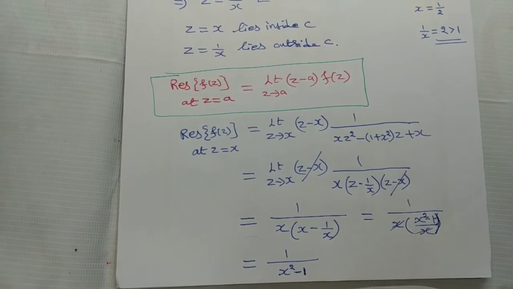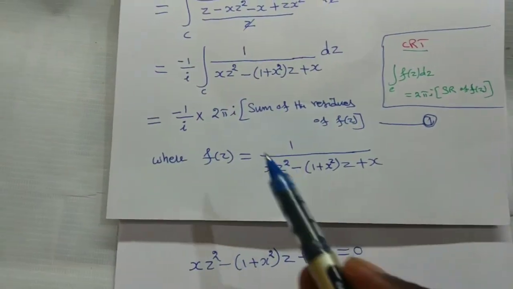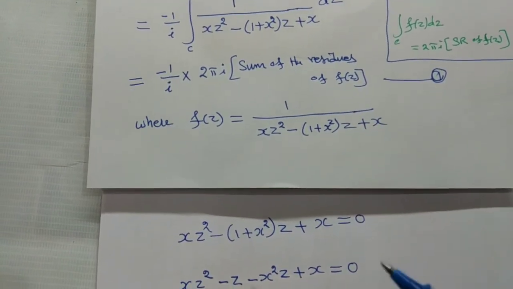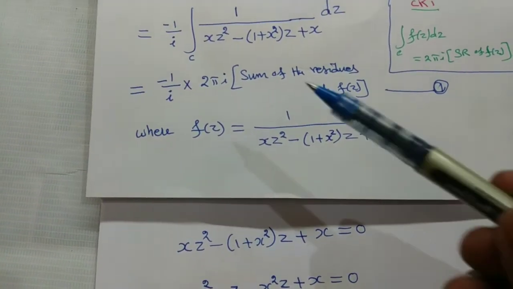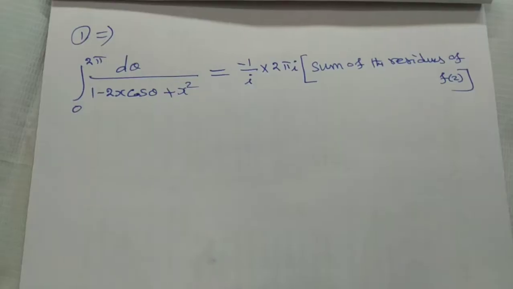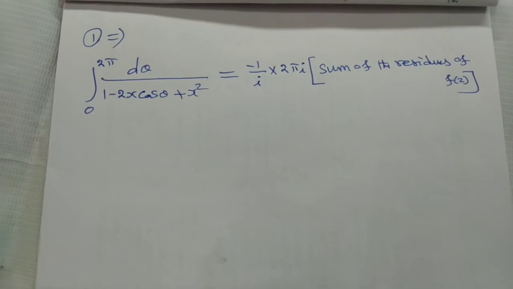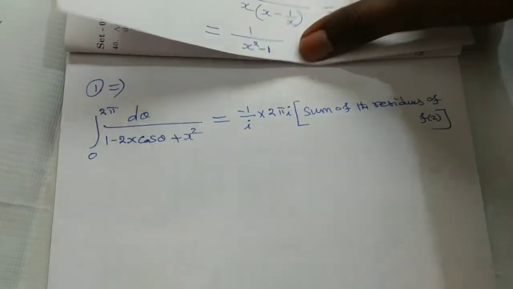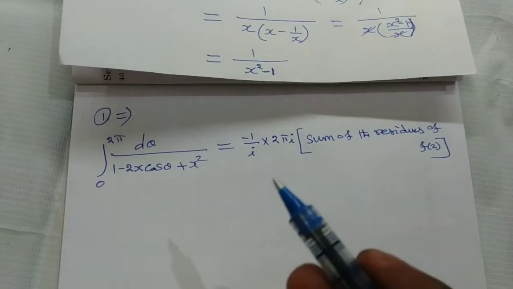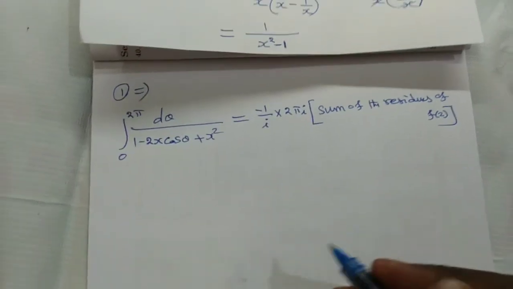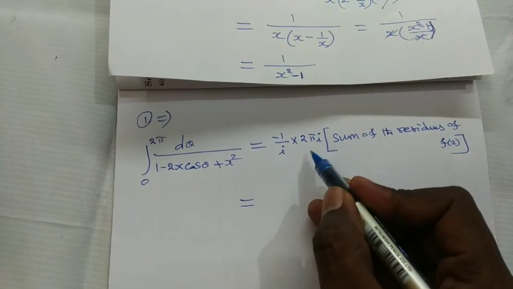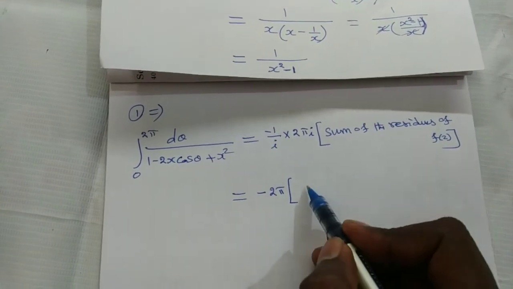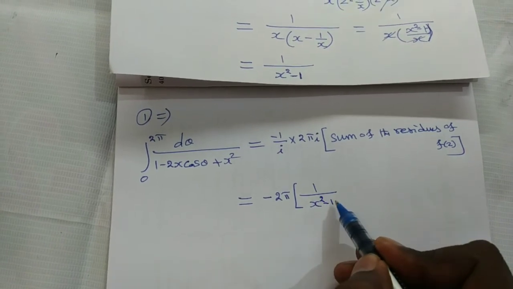Now you can substitute in the first equation. The first equation has the sum of the residues, and we have only one residue because only one pole lies inside C. Our residue is 1/(x² − 1), so I substitute it here: −2π times the sum of the residues, which is just 1/(x² − 1).